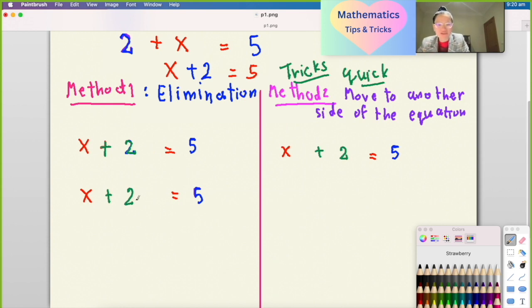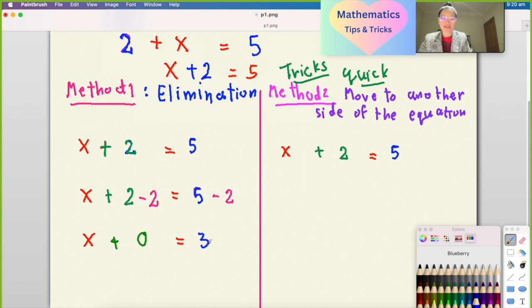That means you need to subtract 2, and you subtract 2 from both sides of the equation. So it's x plus 2 minus 2, which turns to be plus 0, that means it's gone, and it equals what is 5 minus 2? 5 minus 2 equals 3.